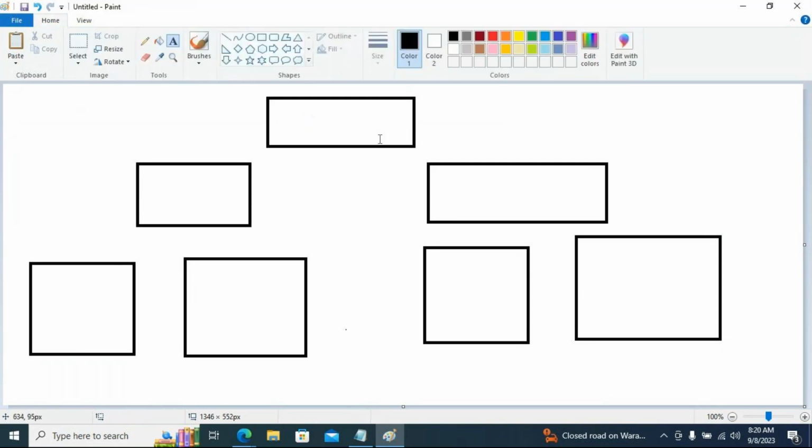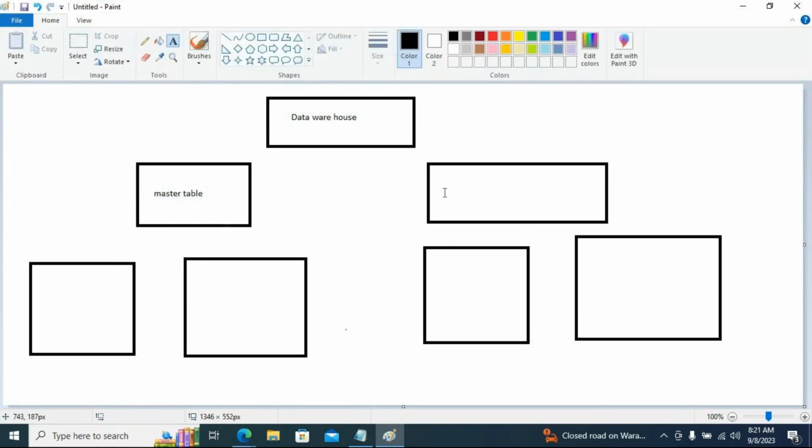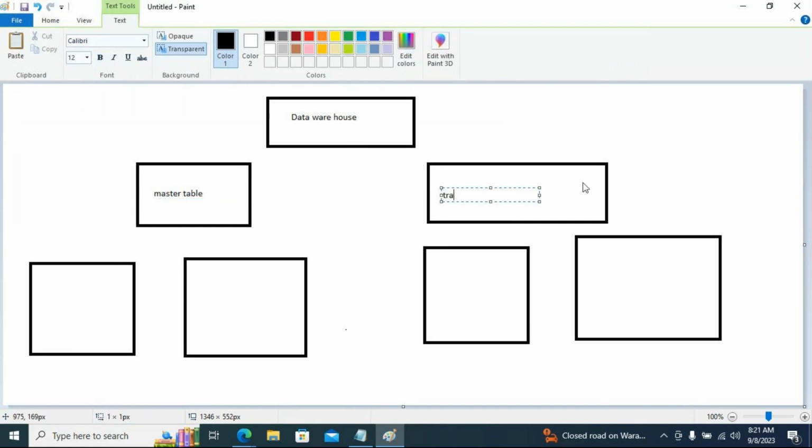Let's take this as a data warehouse. Usually data is split into two tables. One is the master table, another one is a transaction table.